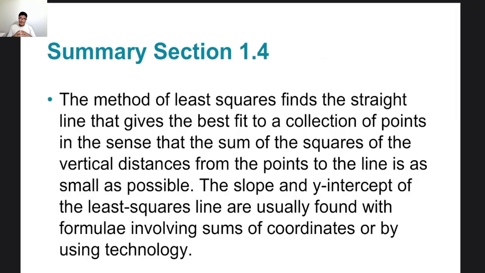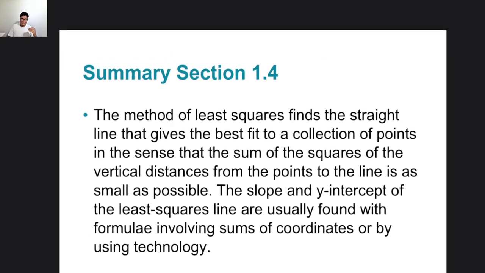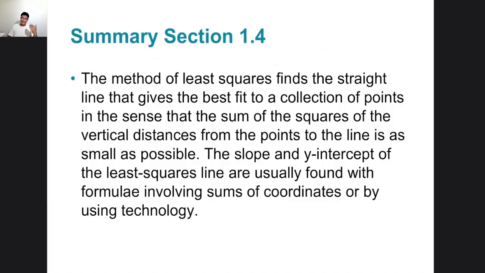Here's a summary. The method of least square finds the line that is the best fit for the collection of points. The vertical distances are the errors which we square and add and try to minimize. This is a finite mathematics with applications course, so as you might have expected, we don't do the proof. That formula was given.